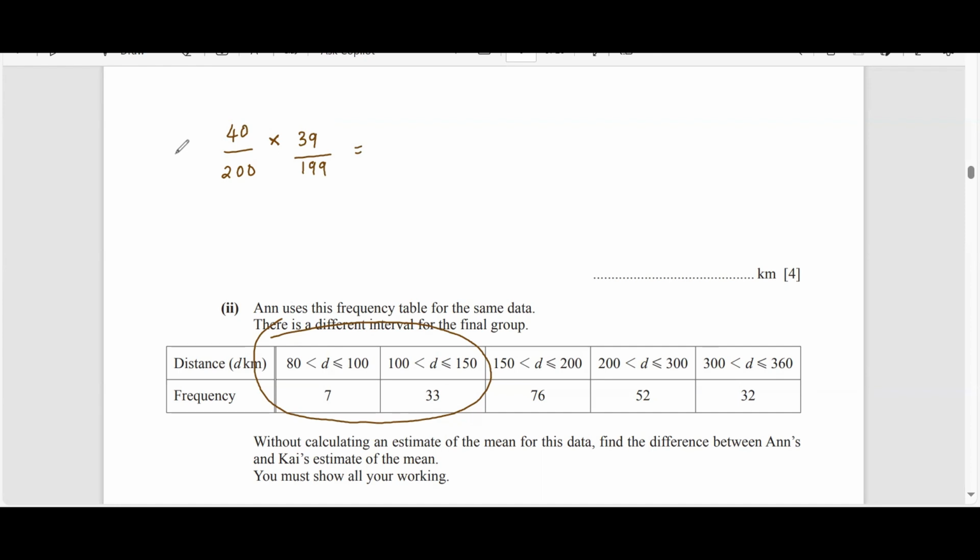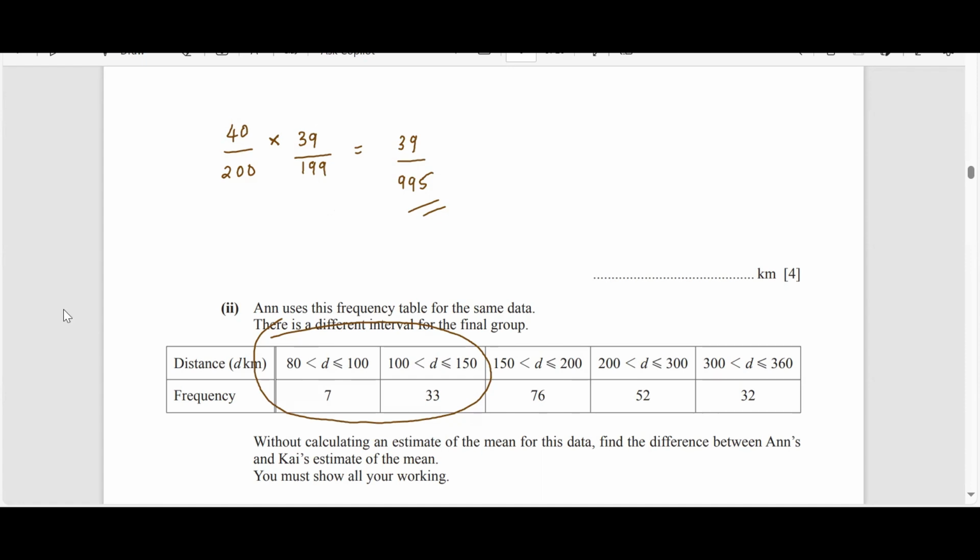So 40 into 39 divided by 200 into 199 will give us 39 over 995. This will be the final answer for the first subdivision.